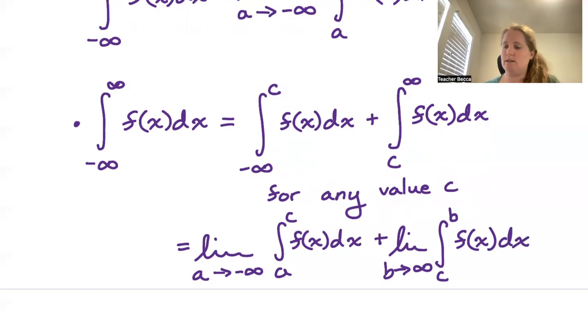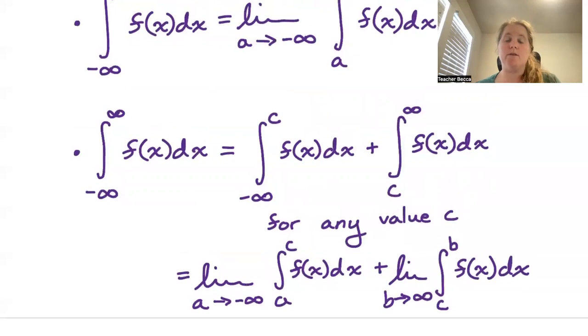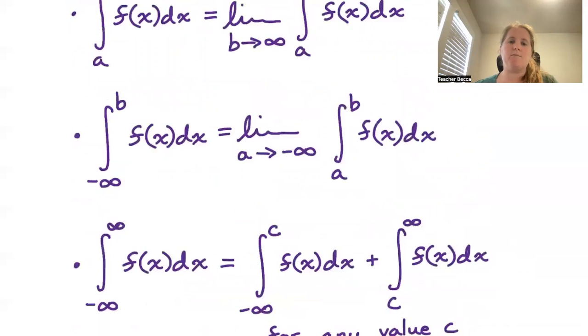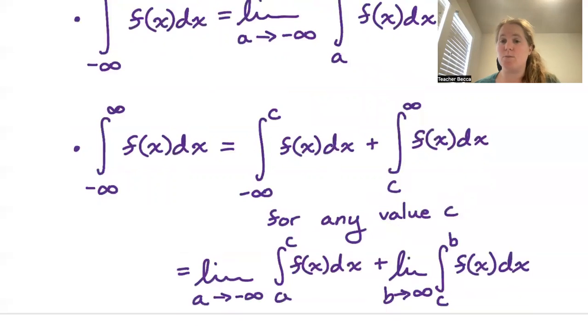So essentially the case where both bounds are infinite is the two other cases combined. We just pick a value to split our integrand apart. So in the next video, we will go ahead and look at some examples of these different cases.